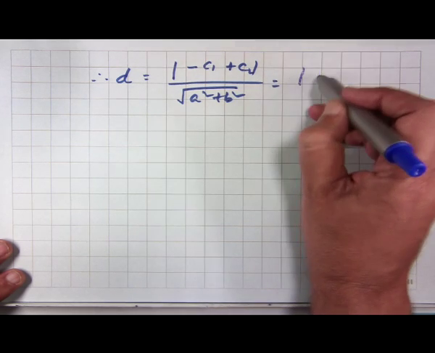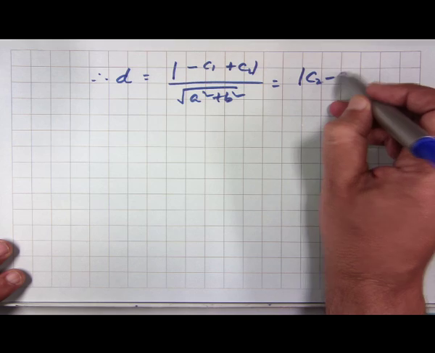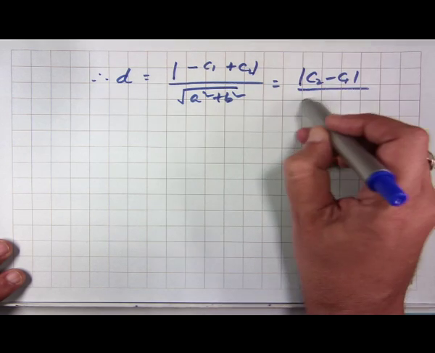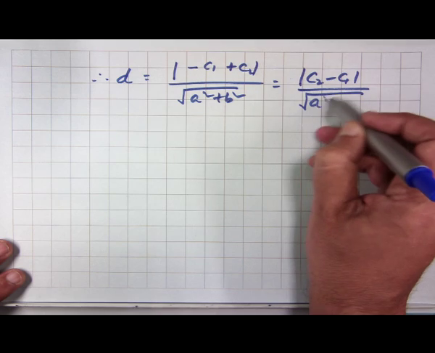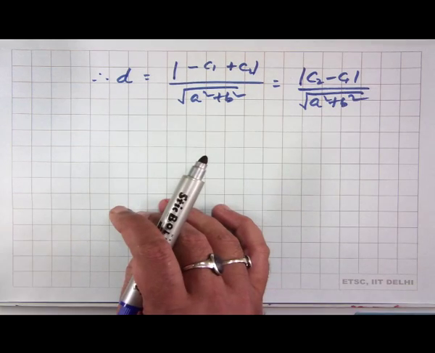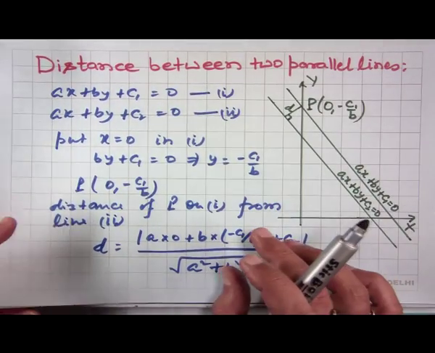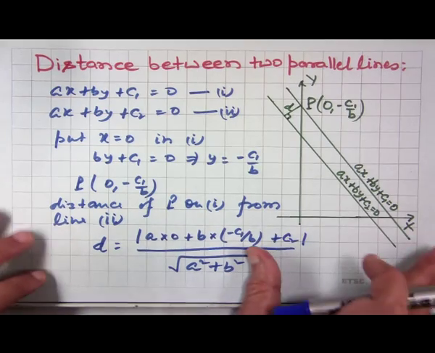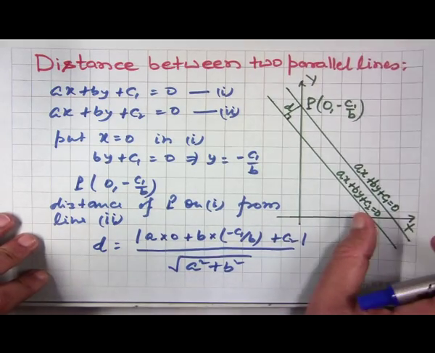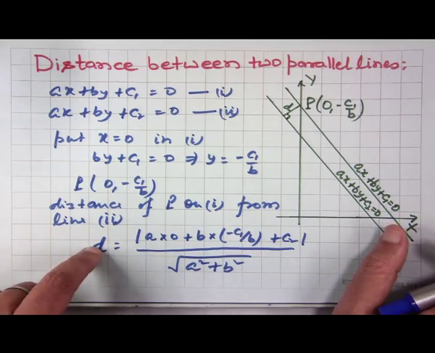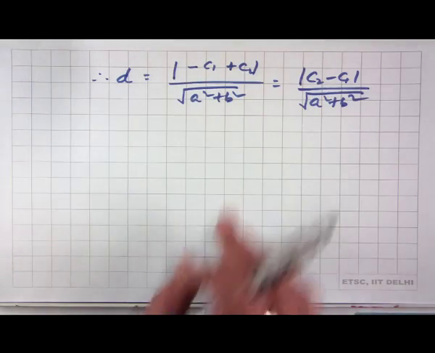Hence, we can write it as C2 minus C1 by square root of A square plus B square. And this D is nothing but the distance between these two parallel lines. So, we can find the distance between any two parallel lines by using this formula.